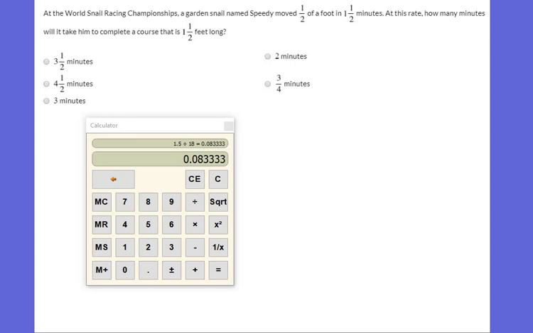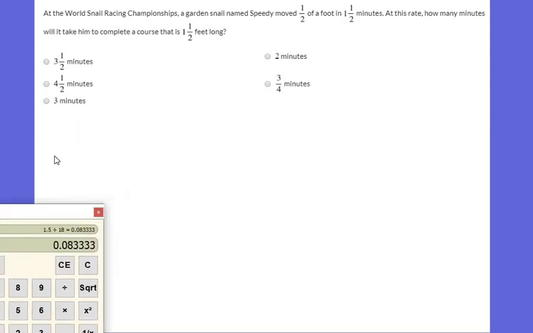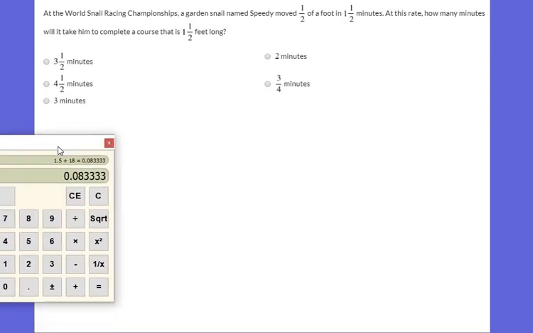All right, so half of a foot, he goes in this amount of time. I'm going to do another double line plot for this. His first one says he goes half of a foot, and in that half of a foot, it takes him 1.5 minutes.